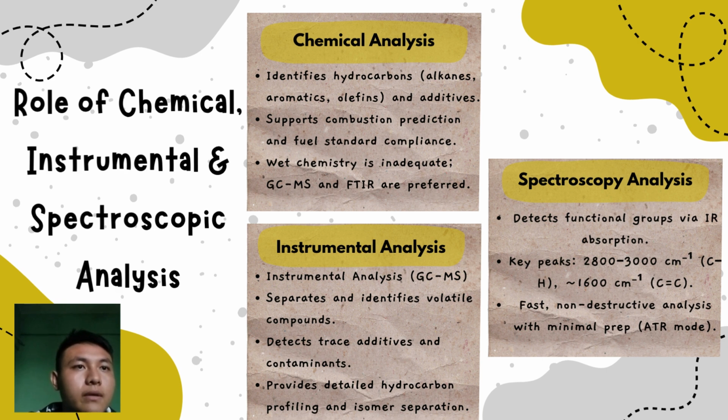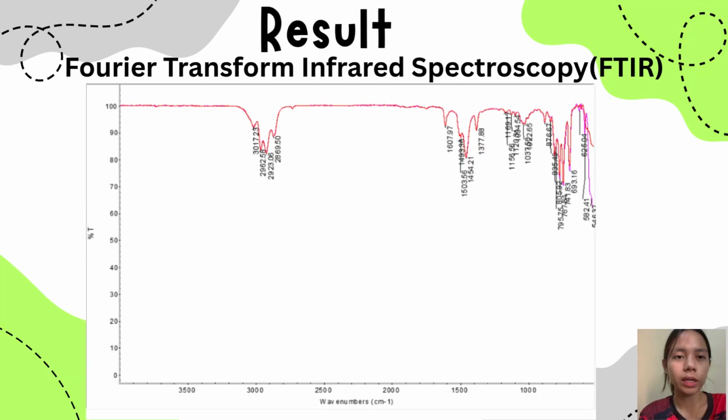This method helps confirm the presence of expected hydrocarbon types and detect any impurities or structural changes. Overall, the combination of these methods gave us a complete and reliable chemical profile of the RON 95 petrol sample. So this is the FTIR analysis. Me and Hishamuddin will discuss more about FTIR analysis in the discussion part.